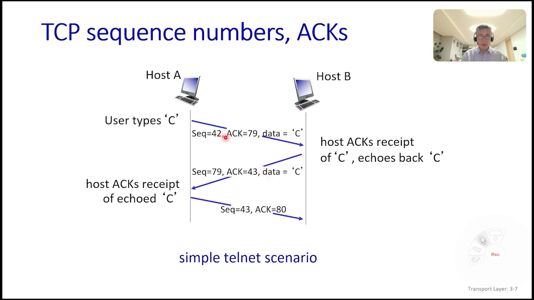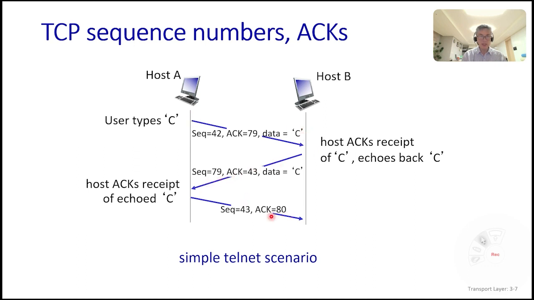So there is the sequence number and then the data size. This is the first data, right? And then the next one is 43. This is the acknowledgement, and then host A ACKs receipt of the echoed C. So type C, then echoed C, and then acknowledge.